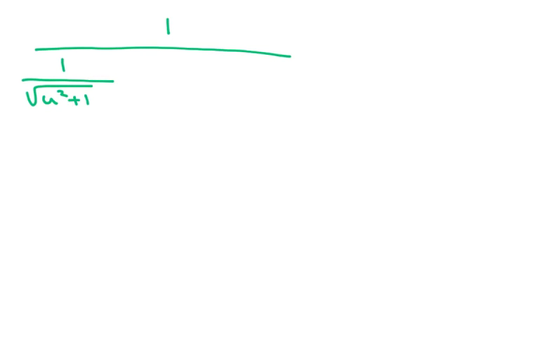So let's fill it all in. What we're going to get is 1 over 1 over square root of u squared plus 1 times v minus u over square root of u squared plus 1 times the square root of 1 minus v squared. And hopefully you're writing all this down.